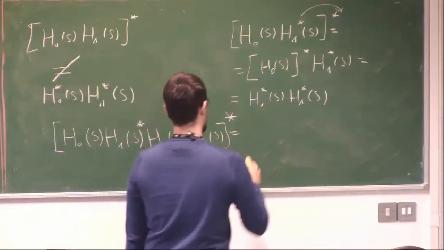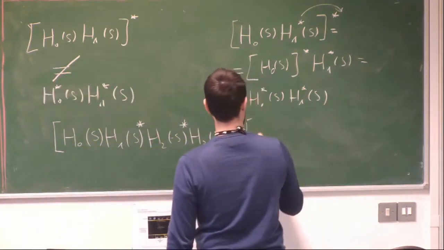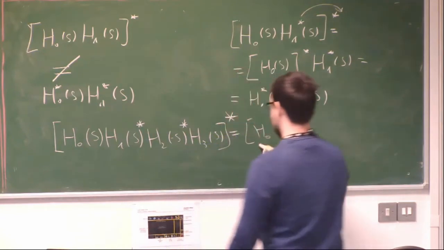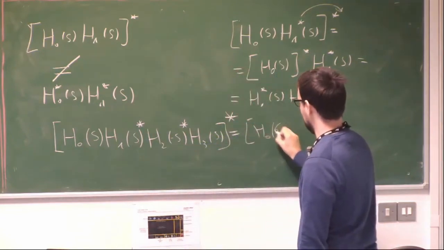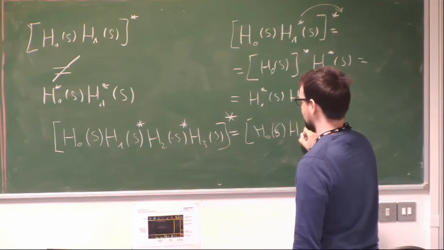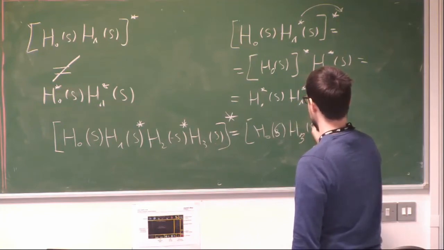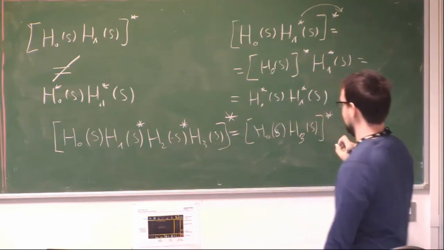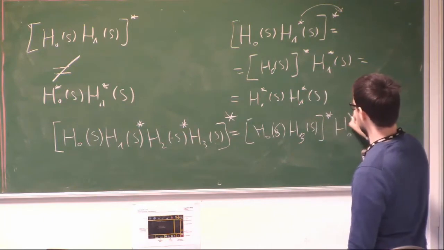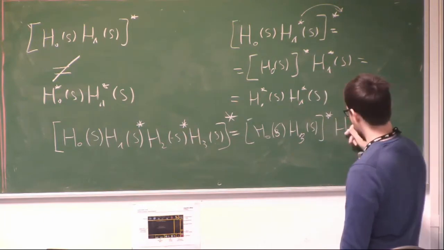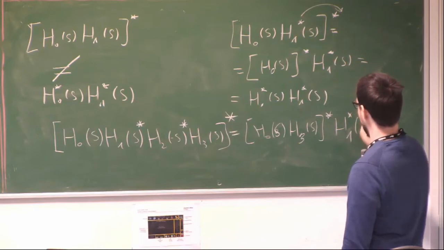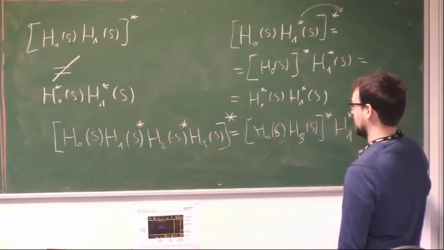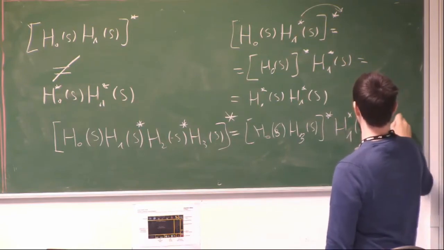Then this is equal to the starred version of h0 of s times h3 of s, all starred, times h1 starred of s times h2 starred of s.